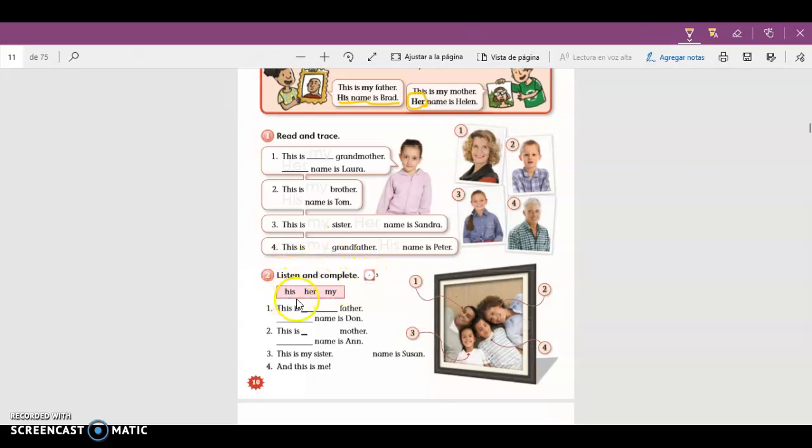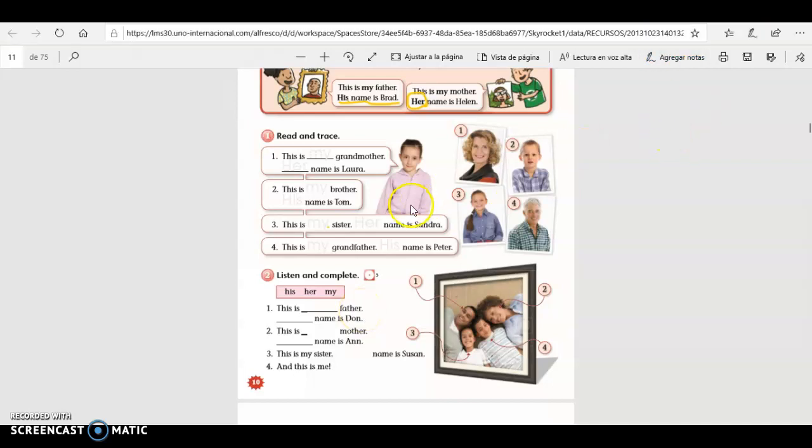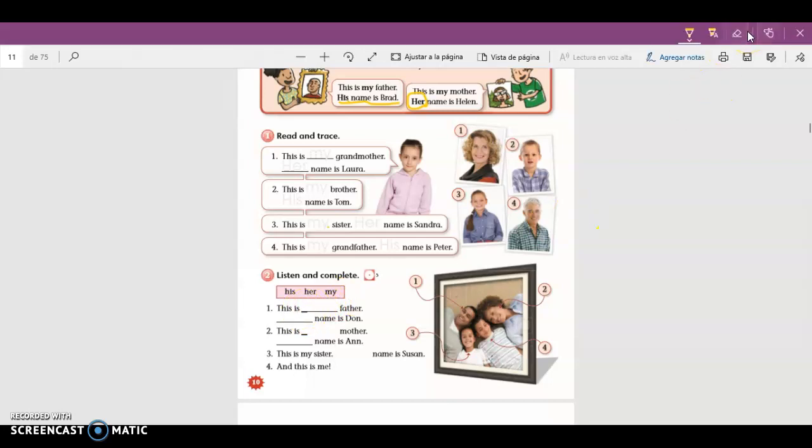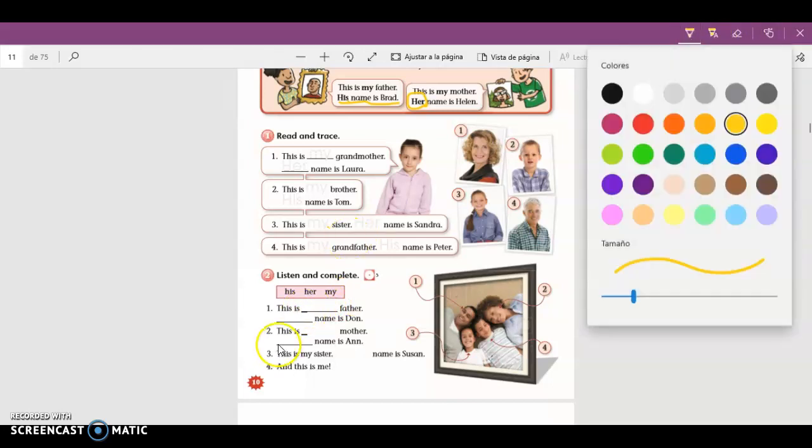So, ahora vamos a utilizar his and her. También utilizamos my para decir mi. This is, let's complete, my father. You're going to write here the word.